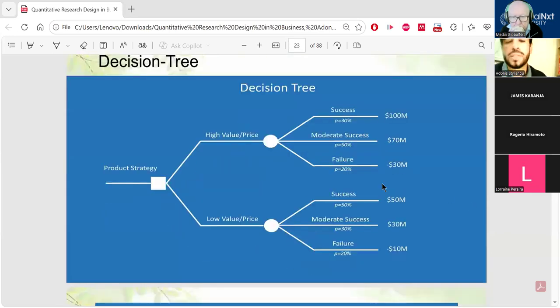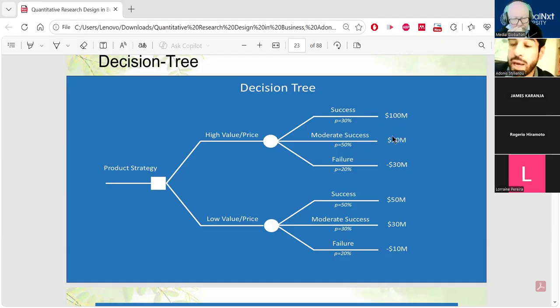Decision tree, you can see an example here. Basically, you start with your strategy, you develop it in terms of the options you need, and then which levels of success or failure in order to estimate. Basically, you are pursuing a contingency scenario planning where you try to calculate expected outcomes, and then you estimate the net present value of those outcomes.